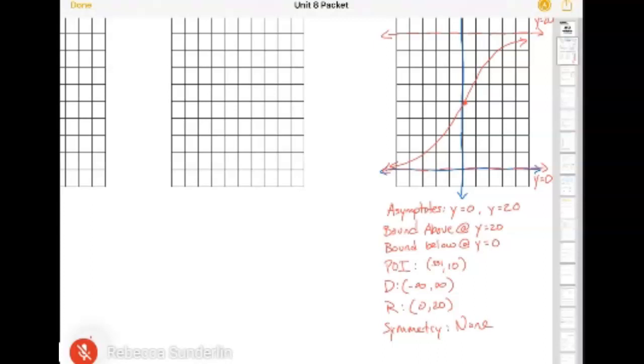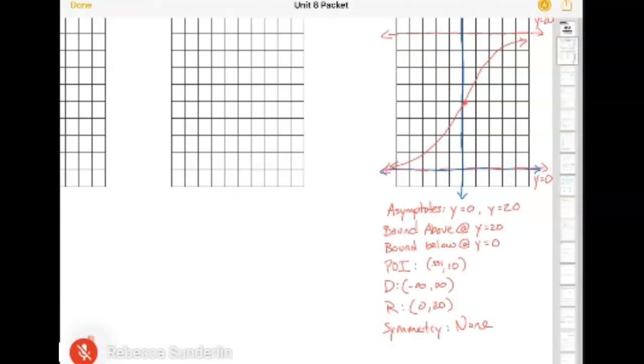So if the turning point was on the y-axis, it'd be symmetric? No, it would be if it did this, then you could fold it over the y-axis. If the point of inflection was on the origin, then it would be symmetric, and only then.